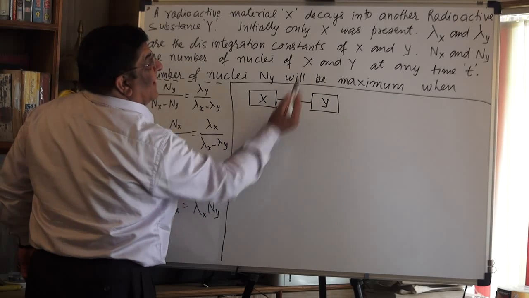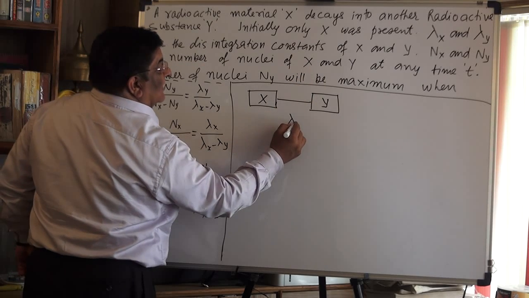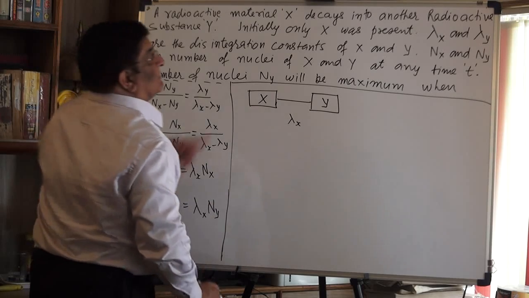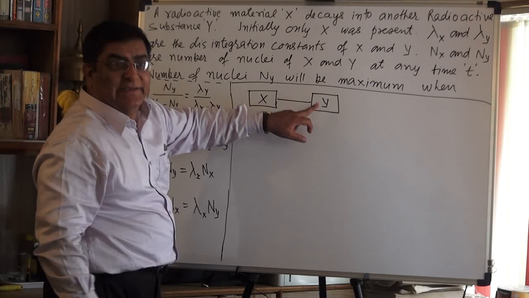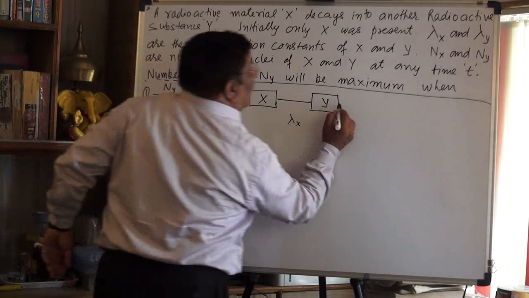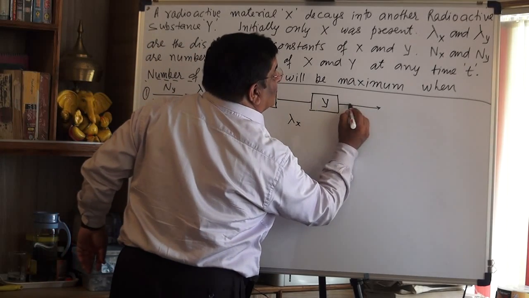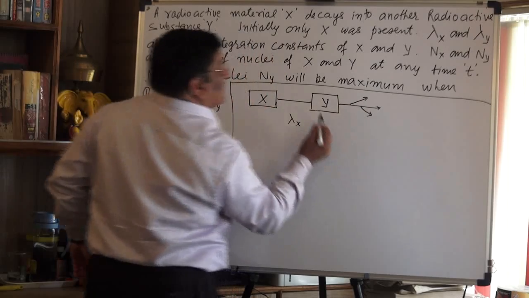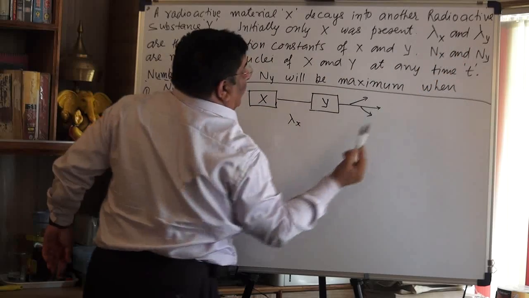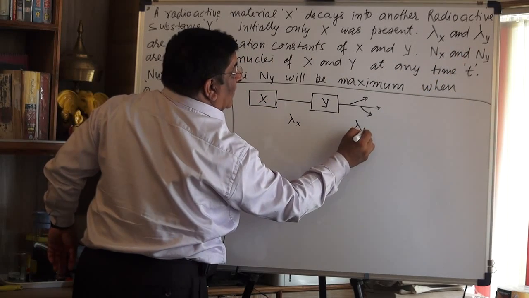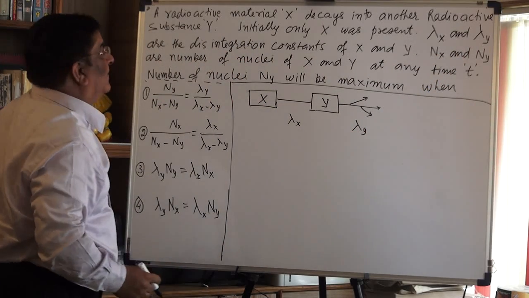The rate of disintegration from X is delta X. Y is again a radioactive material and there are disintegrations in Y also. The rate of disintegration here is delta Y.